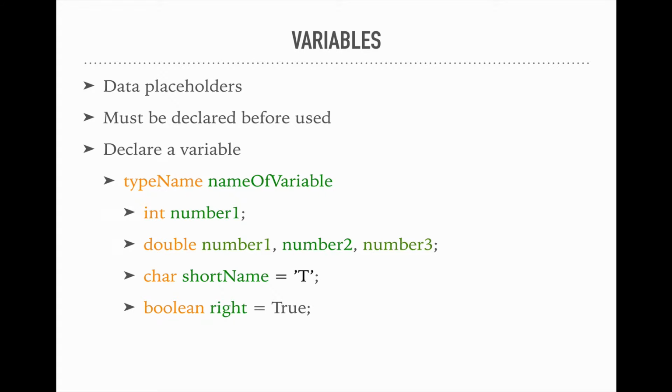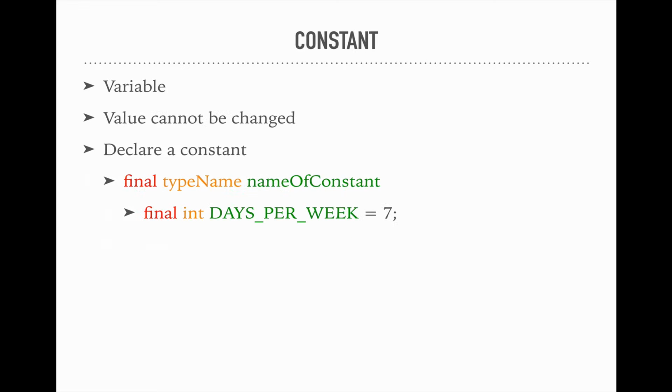This way, the name of a variable is easier to read. In shortName, we have name and the start of the second word is capitalized. And the last one, we have boolean assigned true, because boolean just has 2 values, true or false. And notice that after declaring any variable, we need a semicolon.